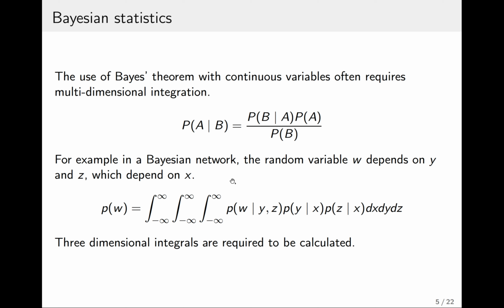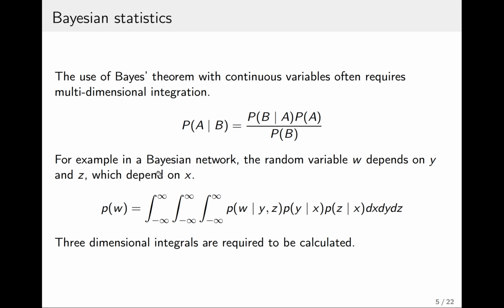Perhaps for you, the most important area where you'll see multi-dimensional integrals is Bayes' theorem, which I've written here, a relation between conditional probabilities. This is the basic Bayes' theorem: the conditional probability of A given the event B, which you can compute from these factors.